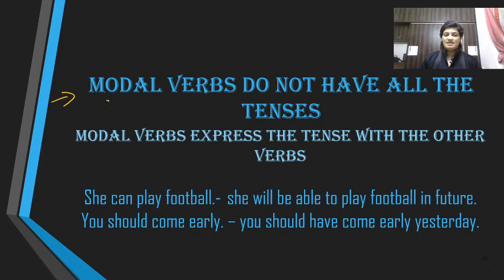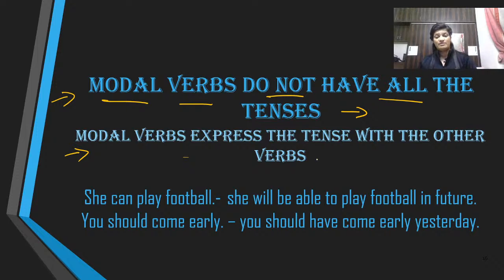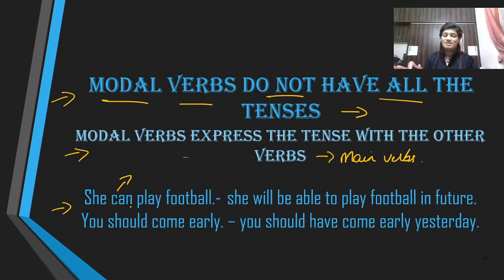With that being said, modal verbs do not have all the tenses. Like I told you earlier, they are only used in present and past. Modal verbs express the tense with the other verbs, which are main verbs. All right, okay. She can play football. She will be able to play football in future. Now you can see that when we say she can play football, it's not a tense at all.